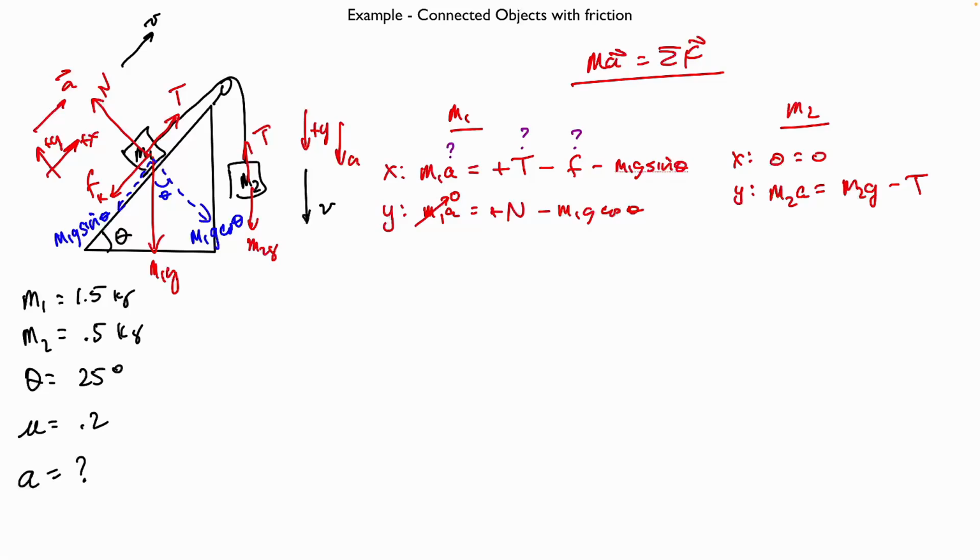I don't know F. m1g sine theta I do know. I don't know normal force. And it looks like everything else is repeated things, right? Okay. So I have 4 unknowns, a, T, F, and N, and 3 equations. Yes! Don't forget how fun this is.